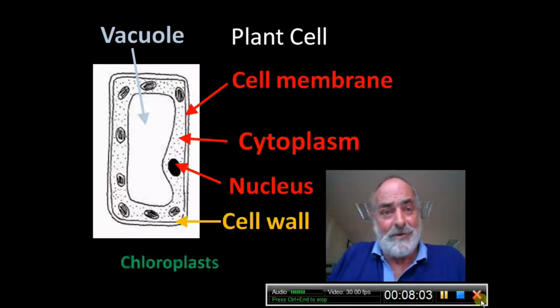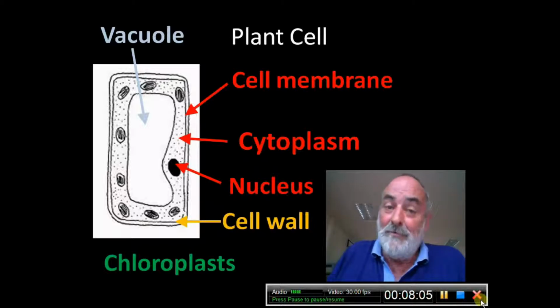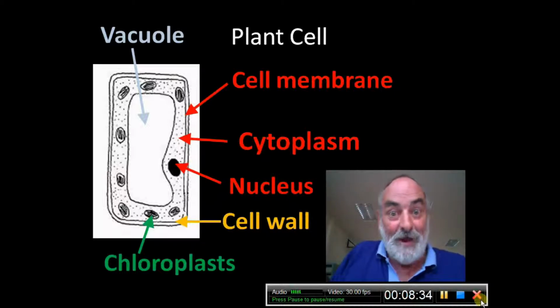And the last thing that a cell from a plant has, a leaf cell, particularly of the leaf, not the root, is chloroplasts. In nature, they are green, and they are full of chlorophyll, the special molecule of plants that can catch the light of the sun and do photosynthesis.